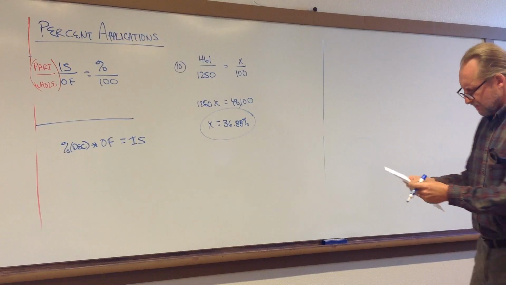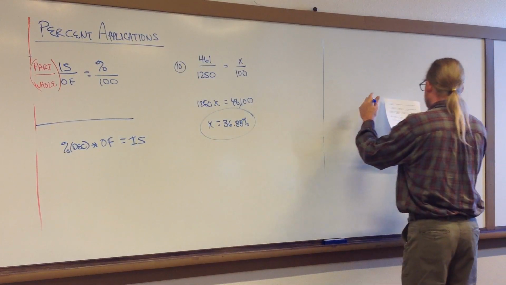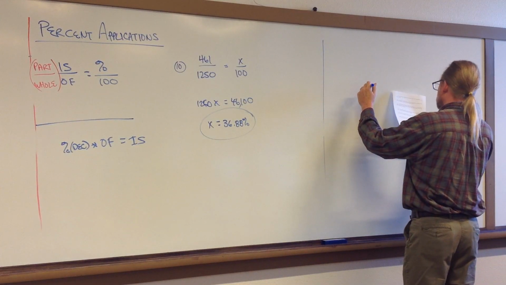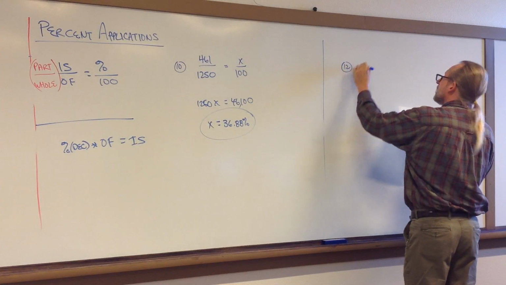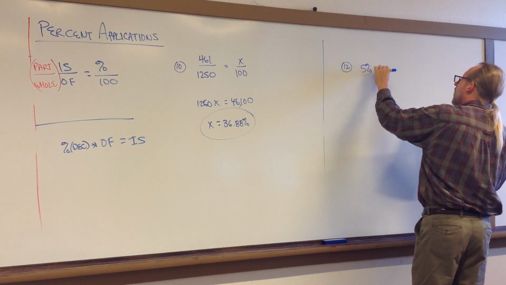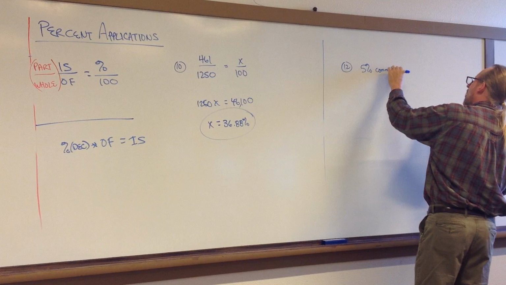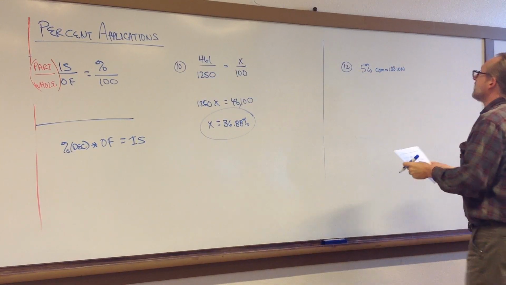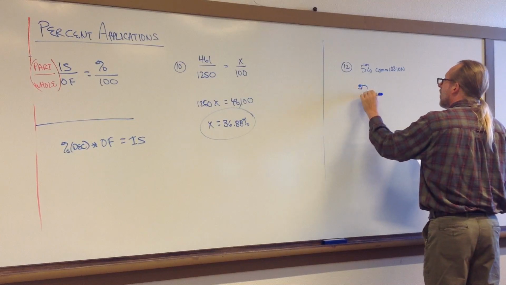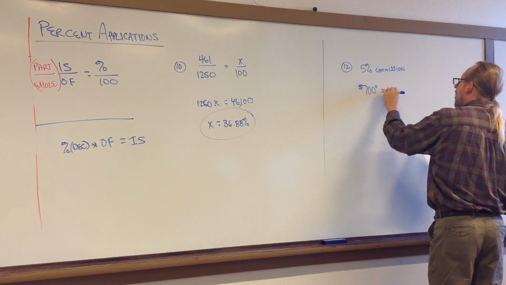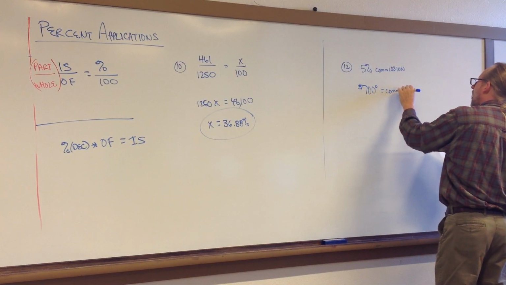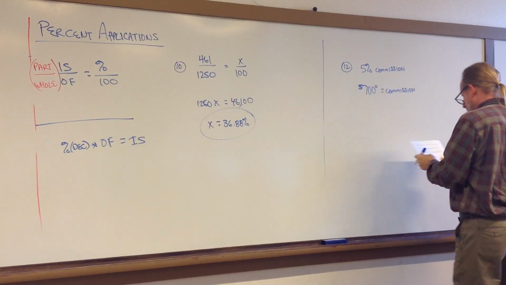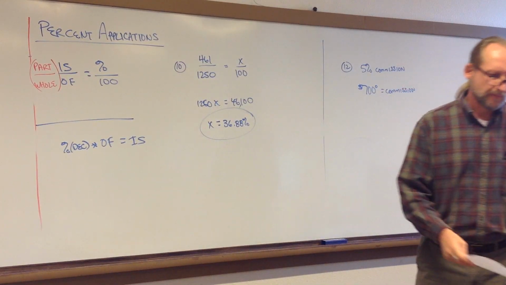Problem 12. A sales rep is paid 5% commission on their monthly sales. If they received a commission of $700, what were their total sales for the month? All right.